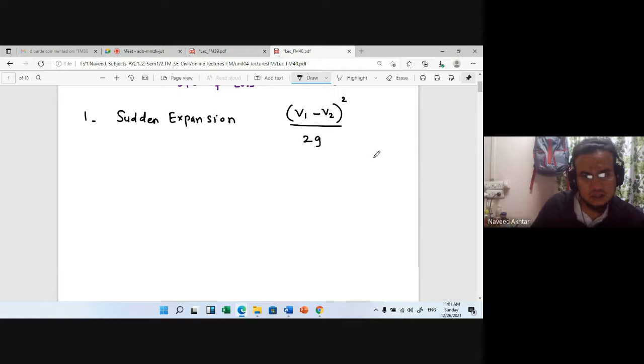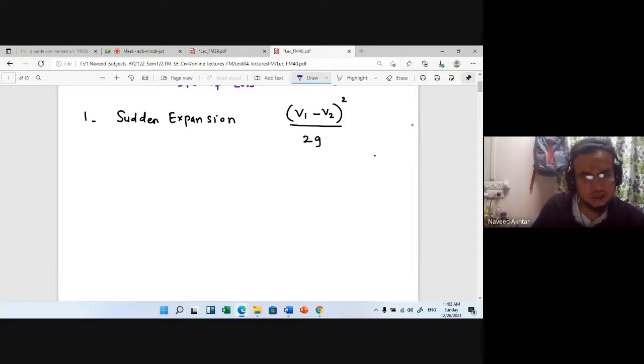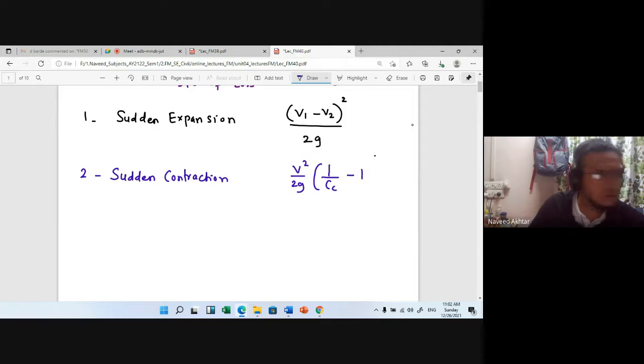Second loss we have found out is sudden contraction, from the vena contracta to the pipe. The value of HL is V square upon 2g, in bracket (1 upon Cc minus 1) whole square.